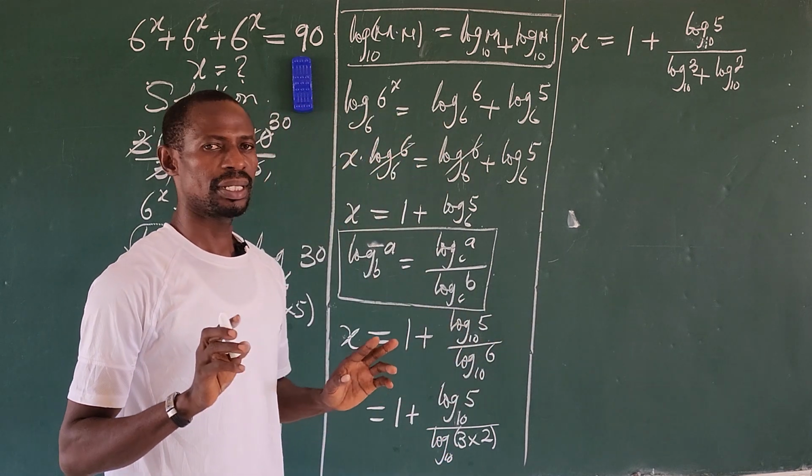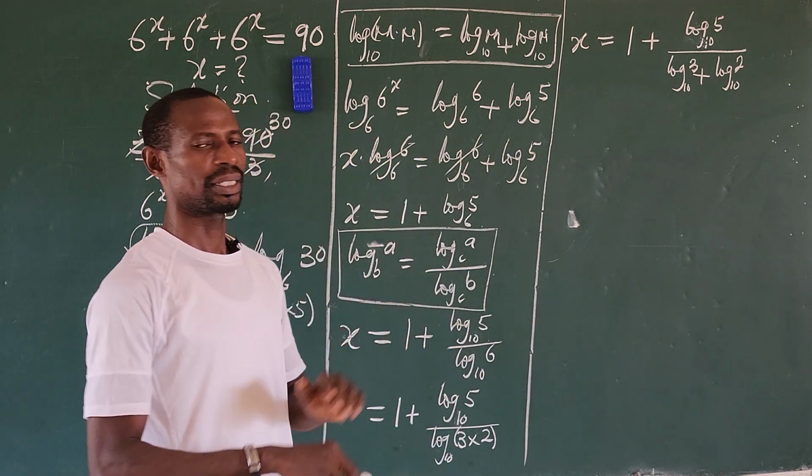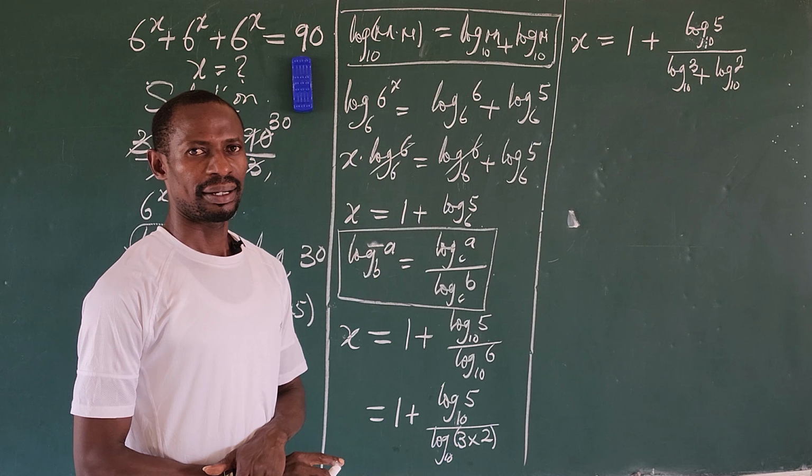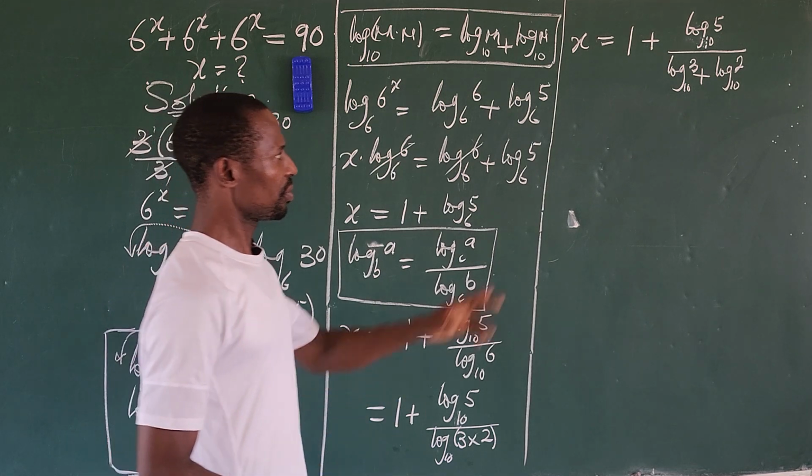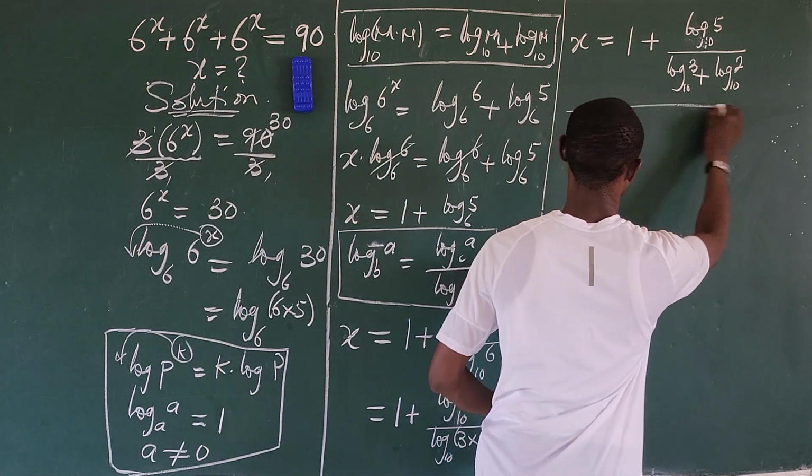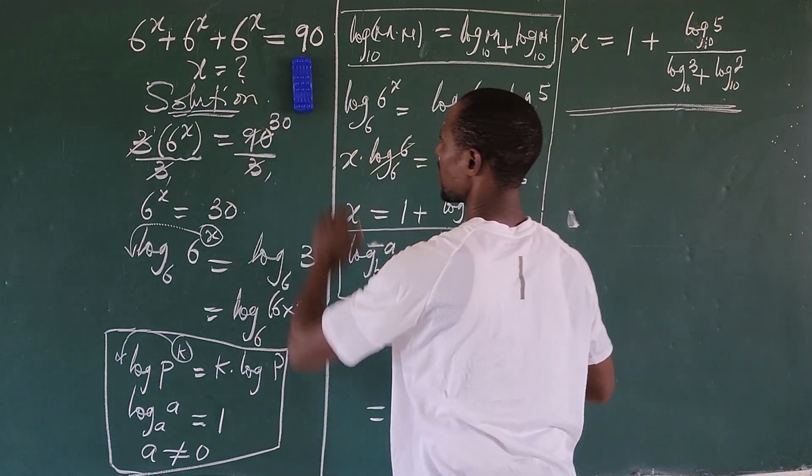So this is the simplest format we can express our logarithm. Okay, so this is the value of x that will satisfy the original equation.